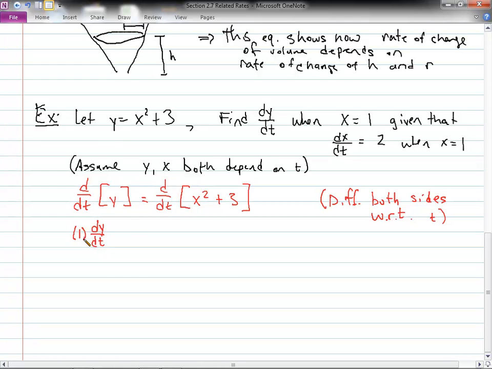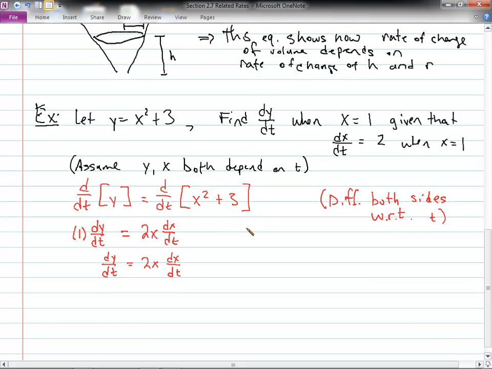And I'll go ahead and write the 1 in there just so you see it. What is the derivative of x squared with respect to t? dx/dt, exactly. And the derivative of 3? 0, so done. So that says dy/dt is equal to 2x dx/dt.